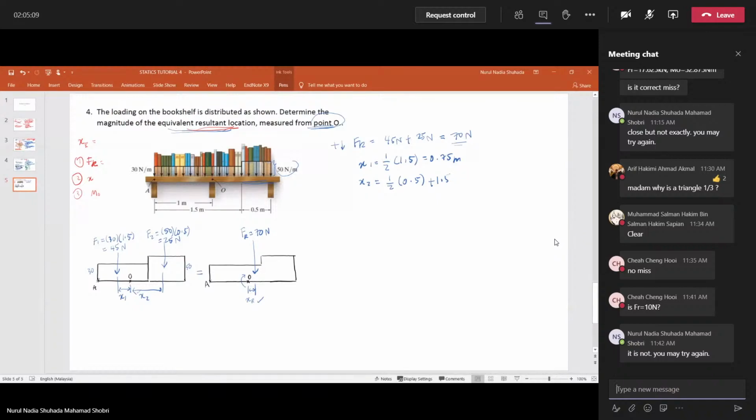Sorry, this is actually x1 from point A. To 1.75 meter.